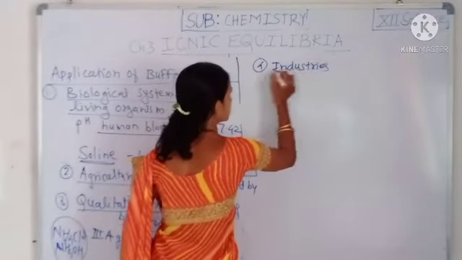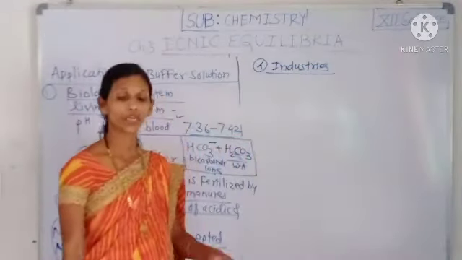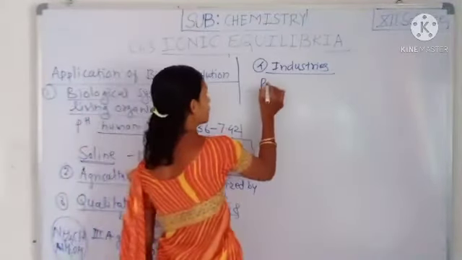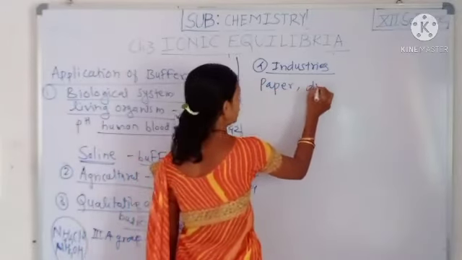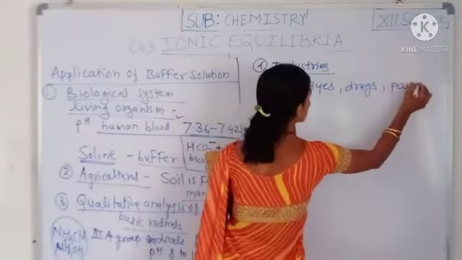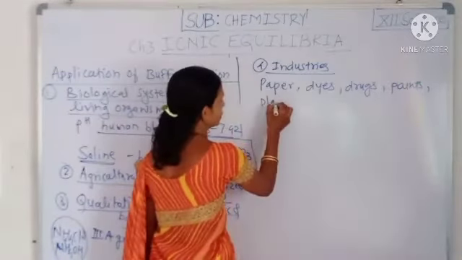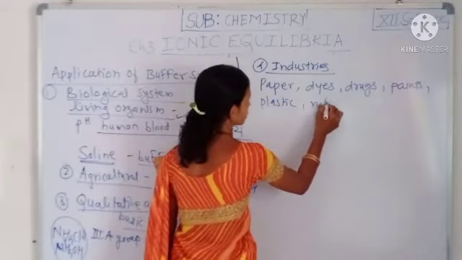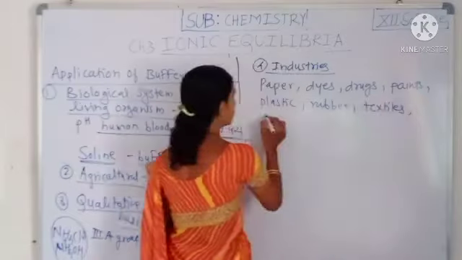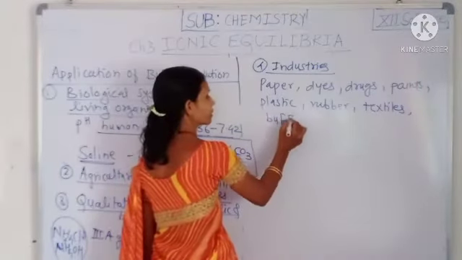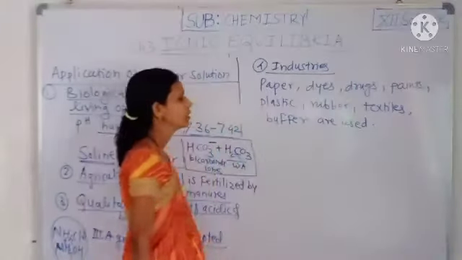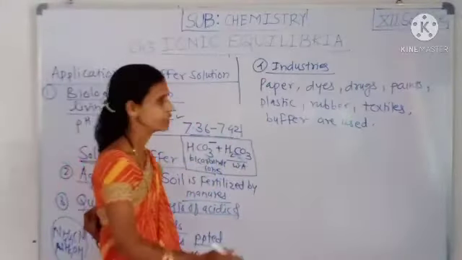In the manufacturing of different types of products like paper, dyes, drugs, paints, plastic, rubbers, textile industries, different types of buffers are used in the industrial processes.